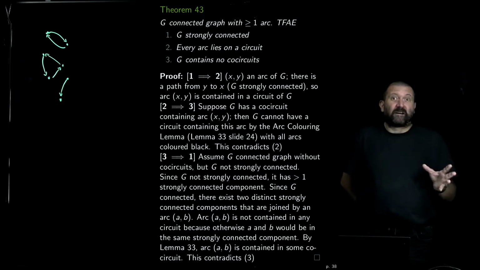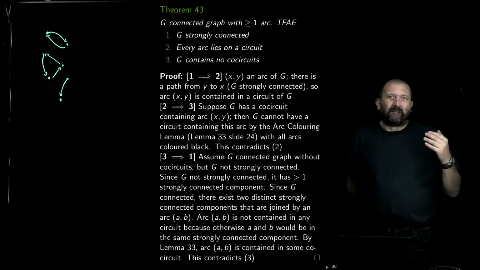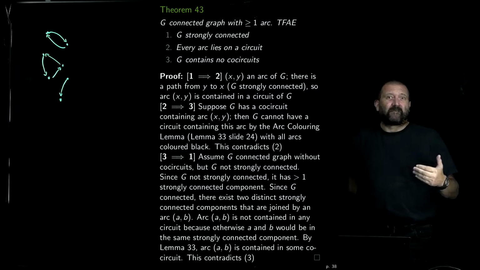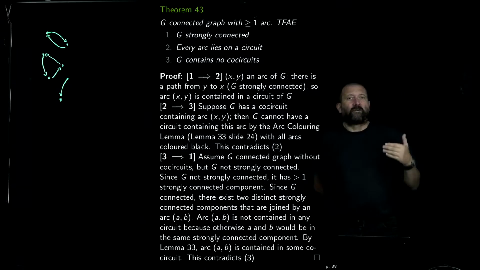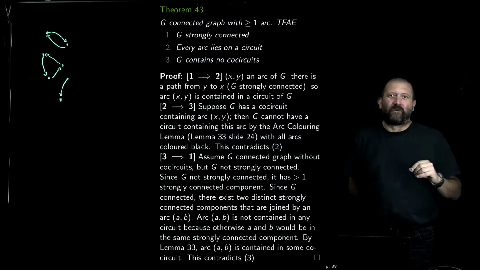Okay, so suppose I have a graph with more than one arc. Then the following are equivalent. The graph is strongly connected. Every arc lies on a circuit, or G contains no co-circuits, sorry. So let's look at this proof quickly.